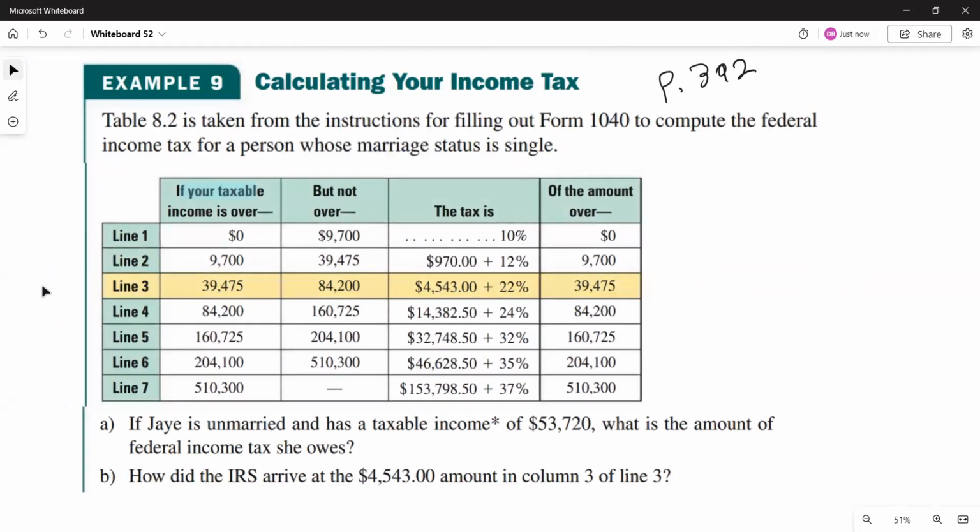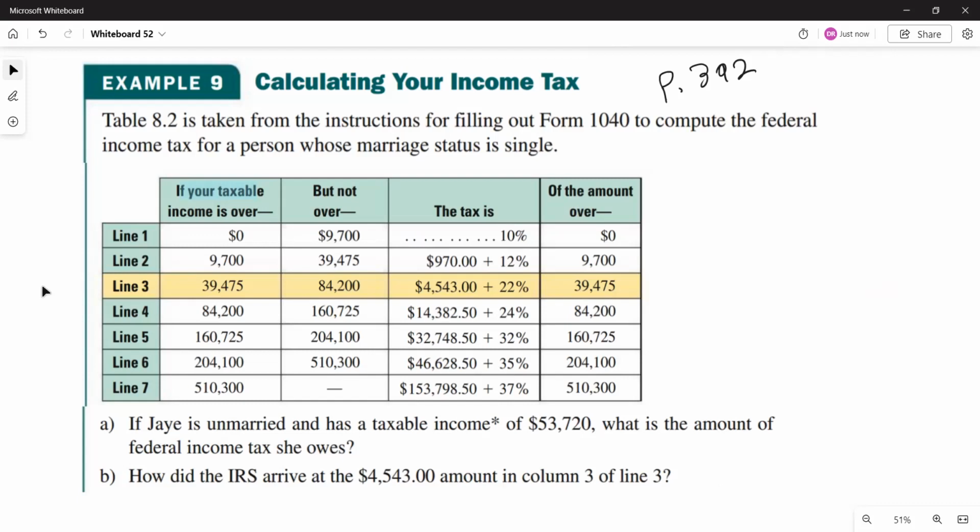The table below is taken from the instructions for filling out form 1040 to compute the federal income tax for a person whose marital status is single. If the taxable income is over 0 but not over 9,700, the tax is 10% of the amount over 0.